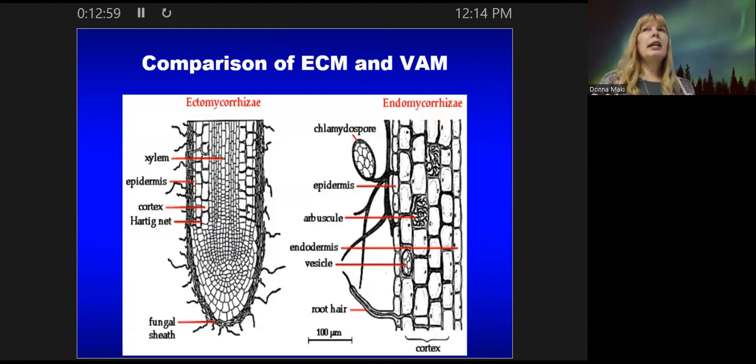So this relationship, they think, dates all the way back to when plants shifted from the ocean environment to terrestrial environments. So millions upon millions of years ago, they think the fungi were there to help that evolutionary process. That's a huge step in the evolutionary process.